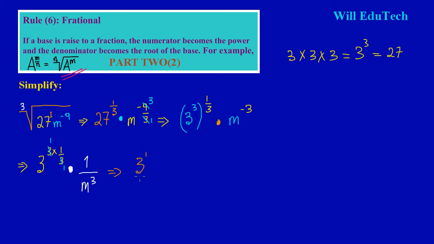And 3 to the 1 is the same as 3. And that is multiplying 1 upon m cubed. Now we could just put that upon 1 and multiply this out. 3 times 1 is 3, and 1 times m cubed is m cubed. And that would be our final answer.